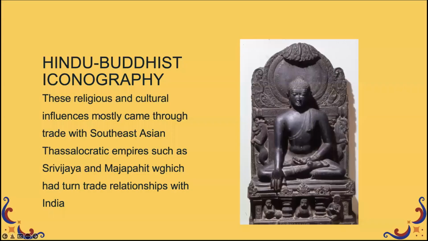And then the other one is in Sumer. This one is Hindu Buddhist iconography. These religious and cultural influences mostly came through trade with Southeast Asian empires such as Srivijaya and Majapahit, which had trade relationships with India. In class, we know that in the Philippines, the religion is not only Christian, but there are those whose religion is Buddhist.